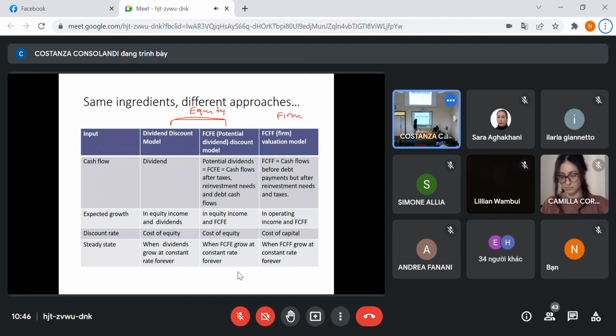We have different approaches, same ingredients, but with different nuances. For the dividend discount model, the cash flow we consider as numerator is dividends. For the potential dividend approach, free cash flow to equity. For the firm valuation, free cash flow to the firm. Then expected growth, which is the expected growth that we need to calculate, the third step.